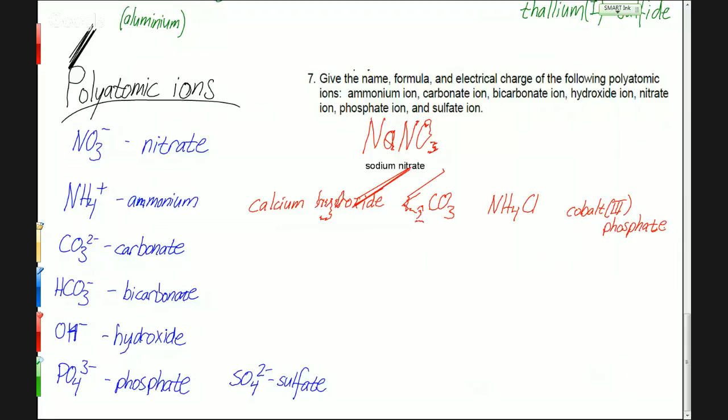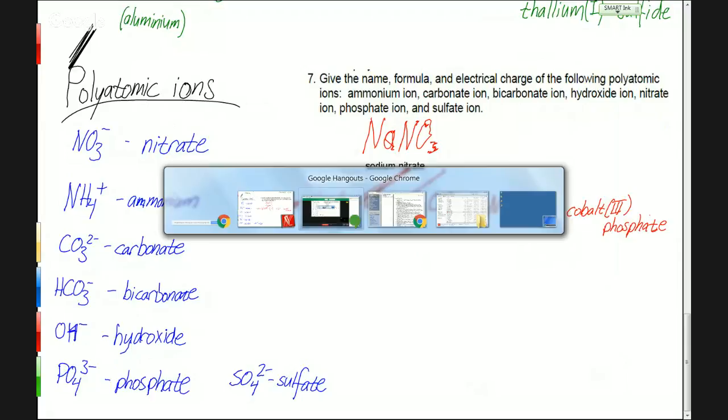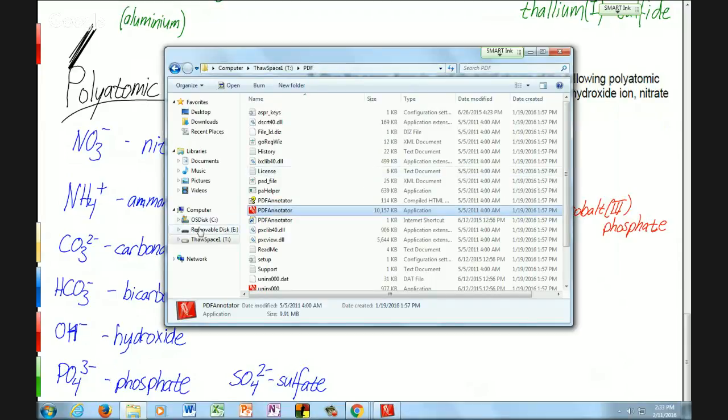Go ahead and look up the names on the periodic table or the ions on this list if you need to. I'll try to run this thing again.